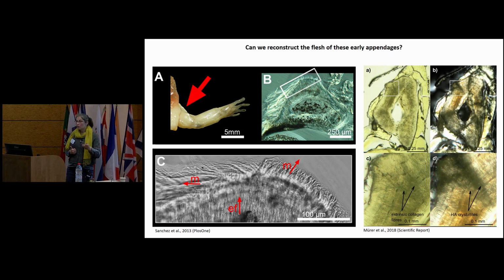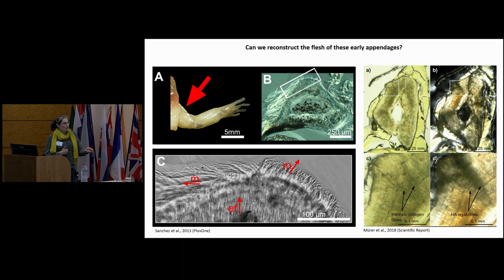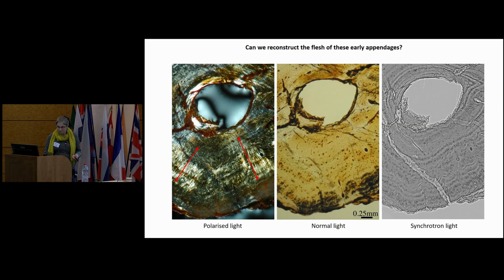With polarized light, you can actually have information on the orientation of the apatite crystals. So all the apatite crystals embedded in the bone are actually oriented towards you, and those which are dark are parallel to the screen. And this is how we investigate the muscle insertions in the fossils.